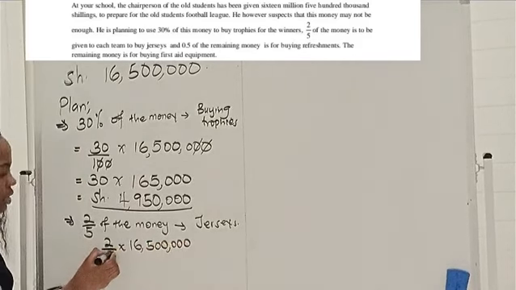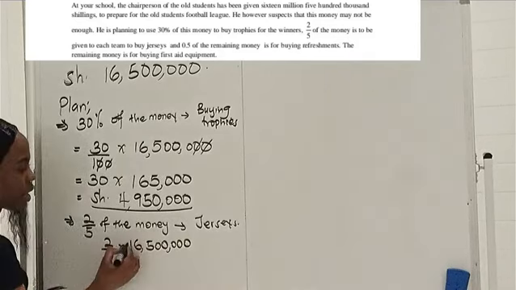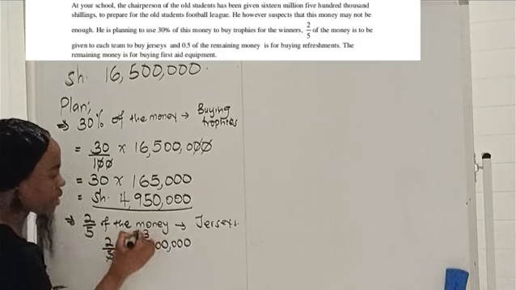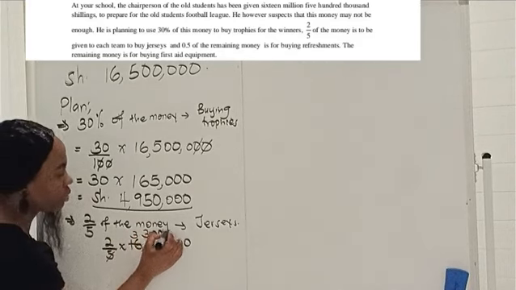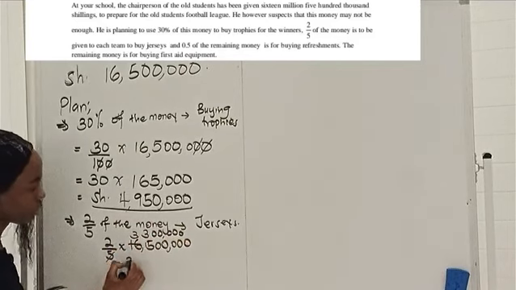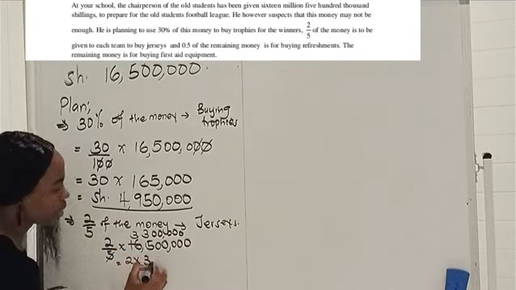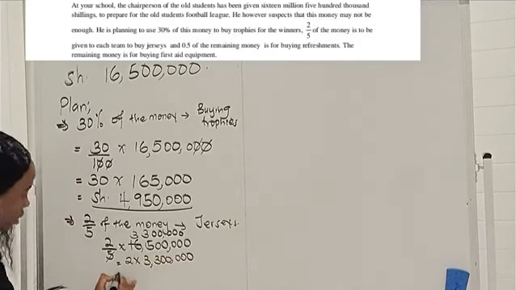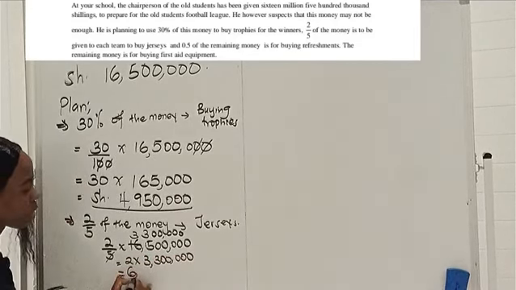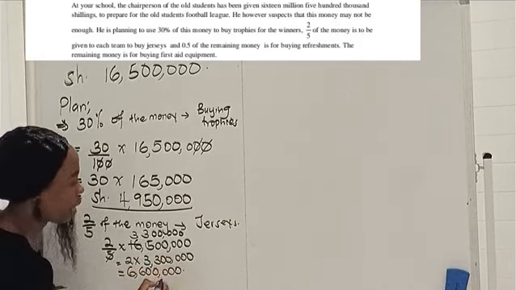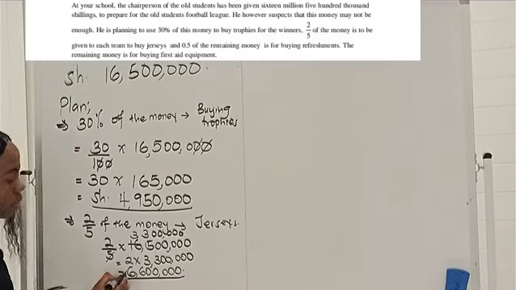So this 5 will go through this and we shall remain with 3 here. Then we shall have 3 there and our 5 zeros. So this is going to be 2 times 3,300,000, which is equal to 6,600,000. Now, also this one is in shillings.